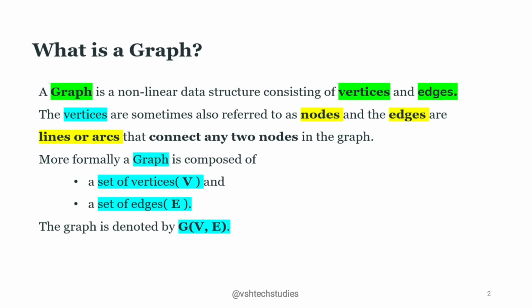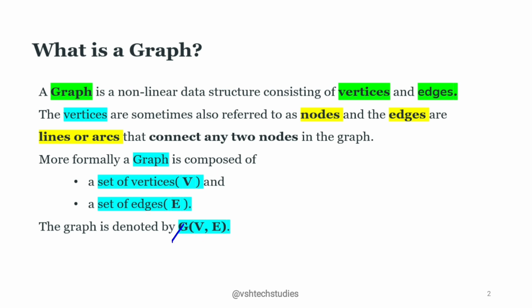A graph is composed of vertices V and edges E. Hence G(V, E) indicates a graph: G for graph, V for vertices, E for edges.